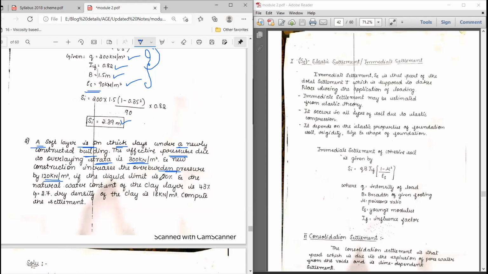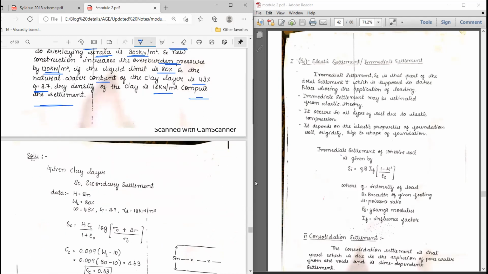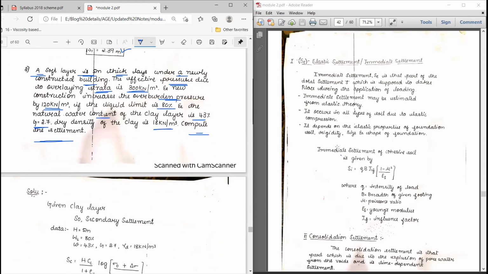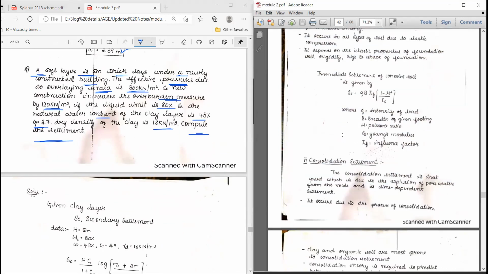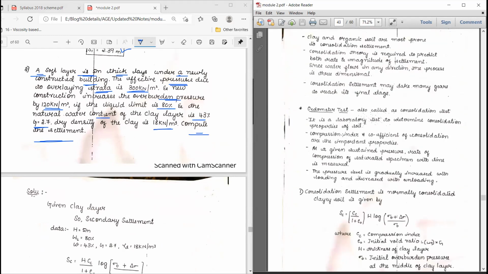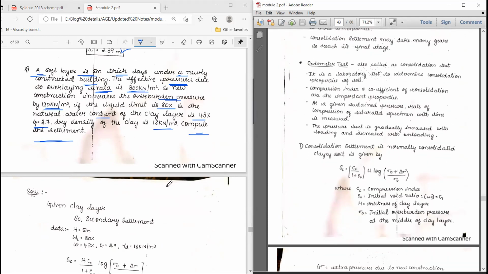If the liquid limit is 80% and the natural water content of the clay layer is 43%, specific gravity is 2.7, then dry density of the clay is 18 kilonewton per meter cube. Compute the settlement. Here you need to compute consolidation settlement.